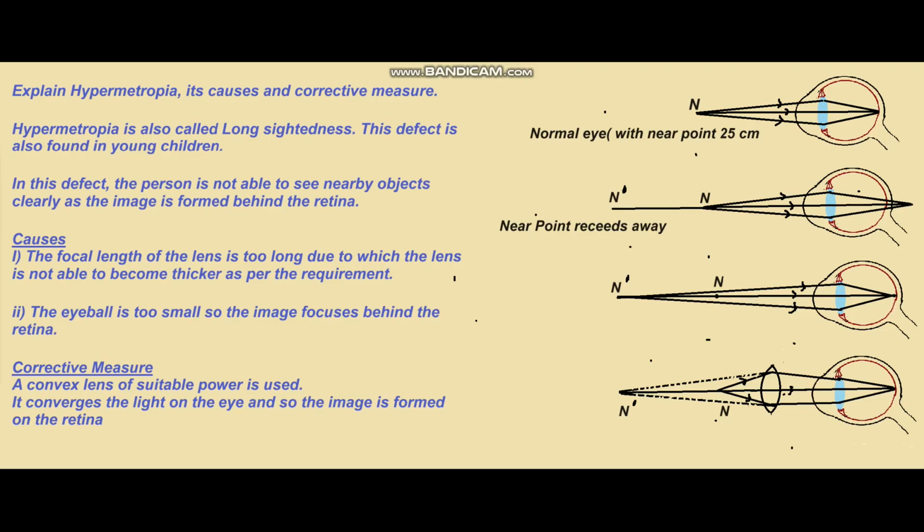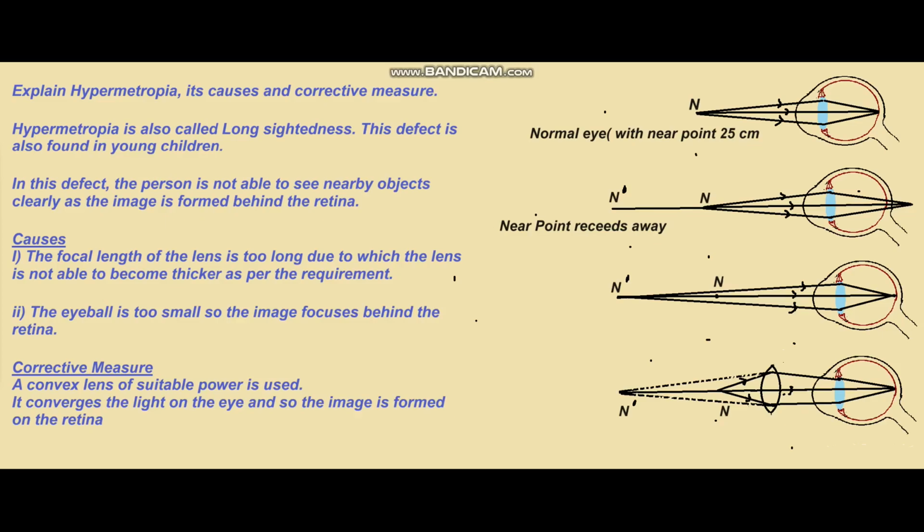The second reason is the eyeball is too small. That is, the distance between the eye lens and the retina is less than 2.5 centimeters. Due to this, the image formed is behind the retina.